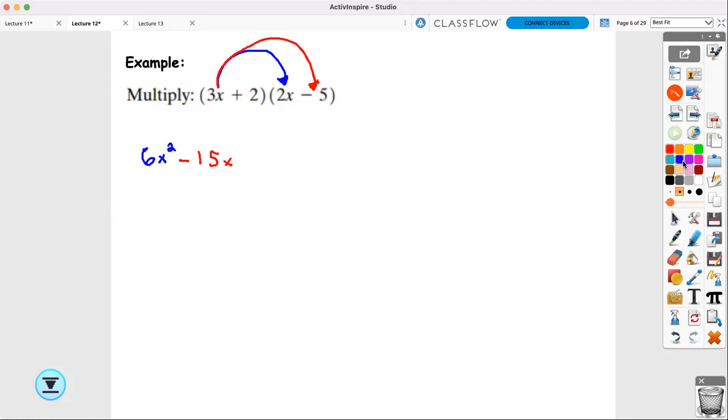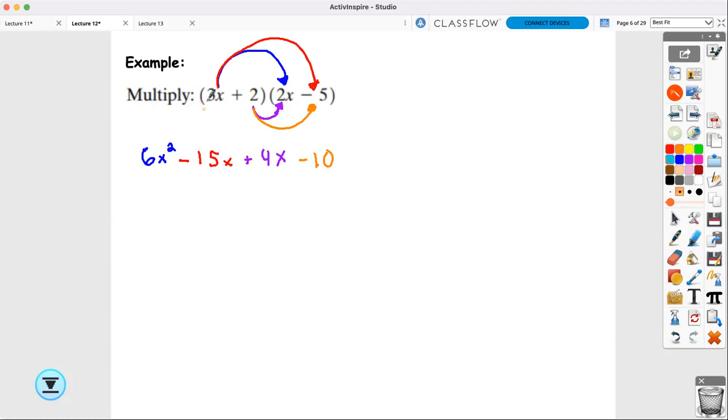Next, we're gonna multiply the second term from the first parentheses to the first one here. Noticing how everything gets multiplied with each other, right? So it's gonna be 2 times 2x, which is 4x. And then we finish off this process by multiplying this +2 with this -5, making it -10.